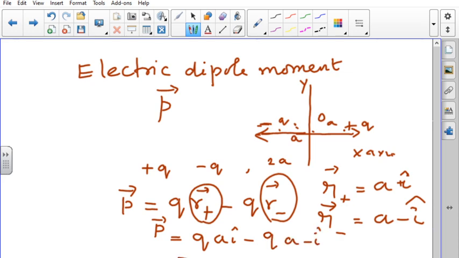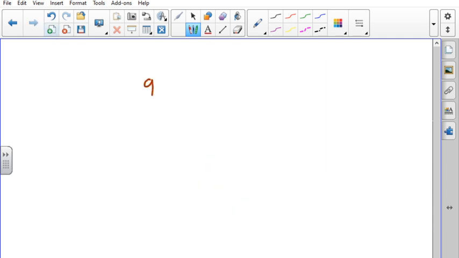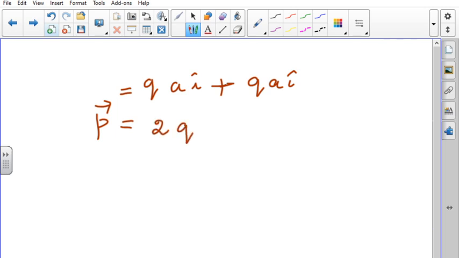So we get Q a i cap, minus into minus plus, Q a i cap. So we get P vector, that is the electric dipole moment, P vector is equal to 2Q a i cap.